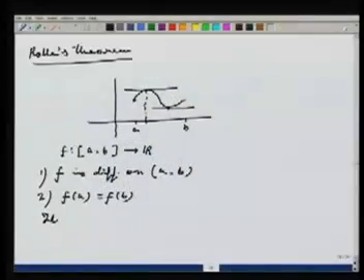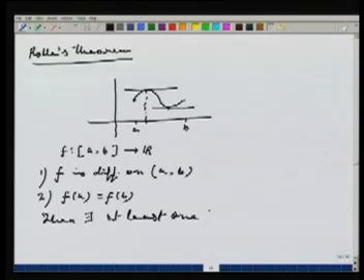So based on this picture, I would like to conclude that there exists at least one c in the open interval AB such that f prime at c is 0.